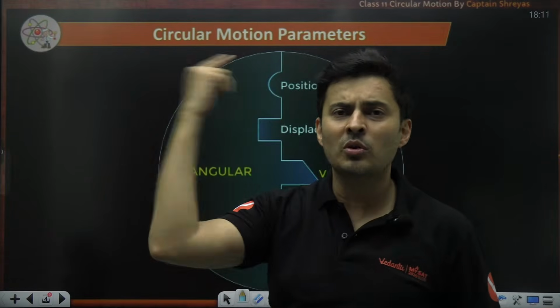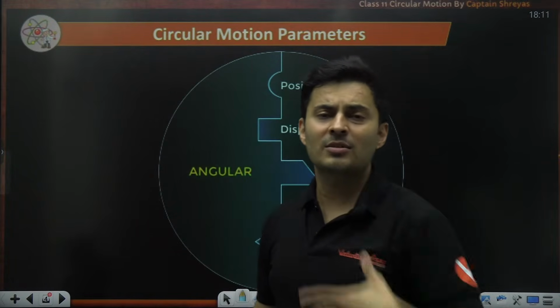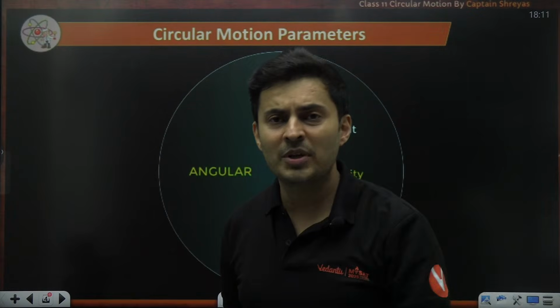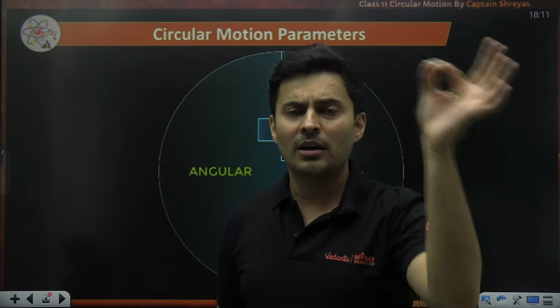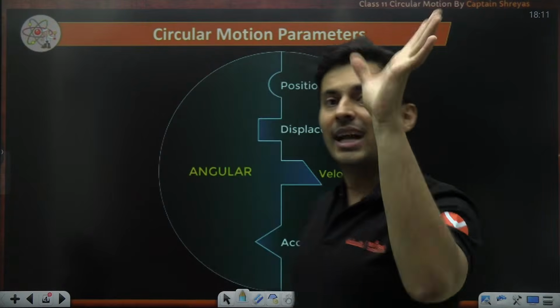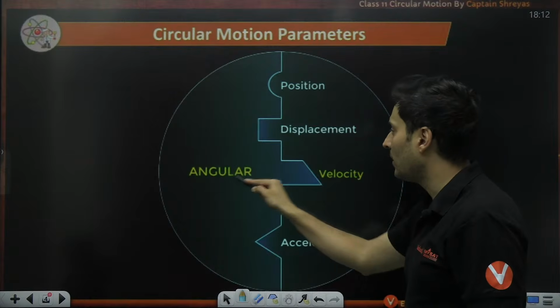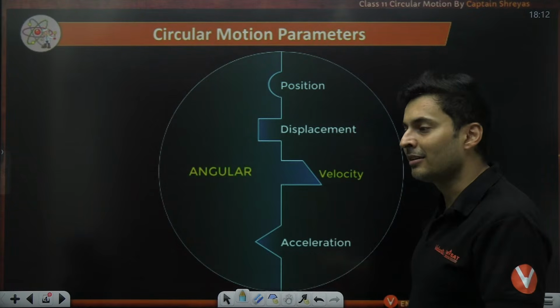It could be just the moon going around the earth, or just the earth spinning. Anything that rotates, spins, revolves, goes around in a circular path, that is what we are studying. So that is why angular position, angular displacement, angular velocity, and angular acceleration.